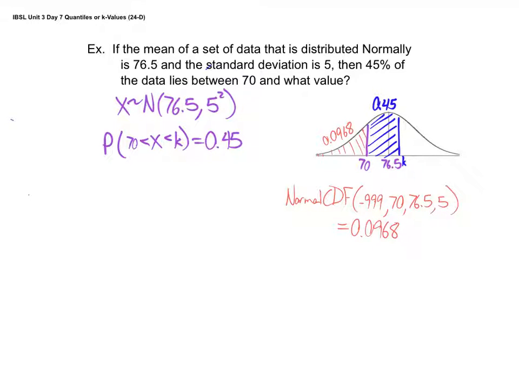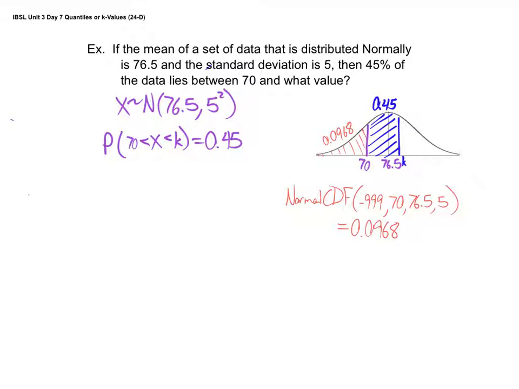I'm sorry, I just forgot what the difference between normal CDF and normal PDF is. Remember, PDF is for graphing. We're never really going to use that. So we're not going to use normal PDF? No. Okay. Normal CDF and inverse norm do the same thing, they just do it in reverse.